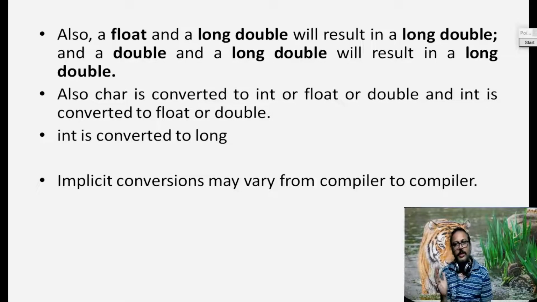If int and long int are there, int will be converted to long int. These implicit conversions may vary from compiler to compiler, but in 99% of cases the widening rule is used.